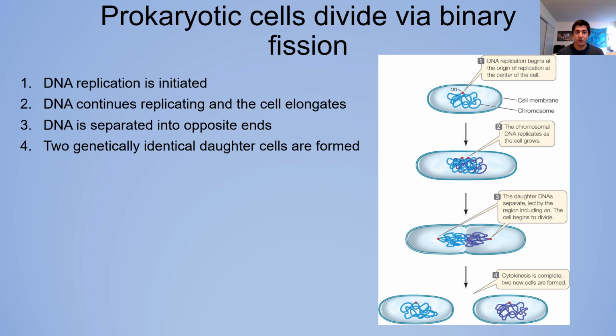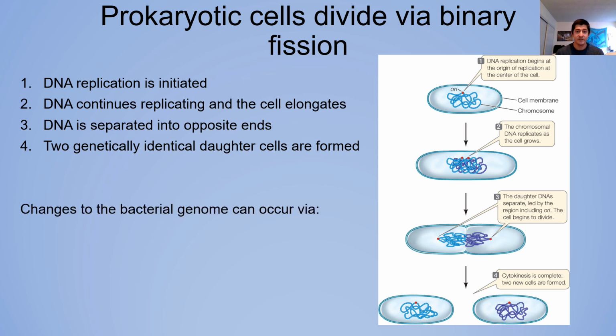And if you think back to our requirements for evolution to occur, you have to have genetic variation. And by this process, you're never going to just produce differences because you're just copying. But there are ways for the bacterial genome to change naturally.